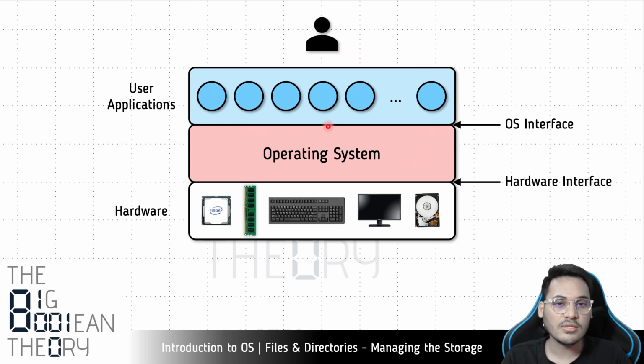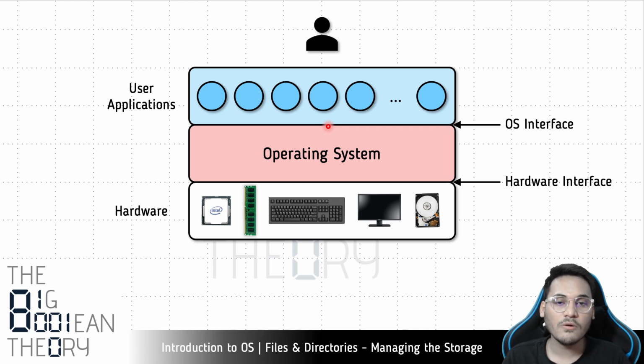There are several user applications in the computer system, and when they are processing, they will generate some output data. That data cannot be left in the primary memory because the primary memory is volatile in nature, and when the system is shut down, all of that data will be lost. In order to keep that data so that we can retrieve it at a later point in time, it has to be written somewhere safely in a persistent fashion.